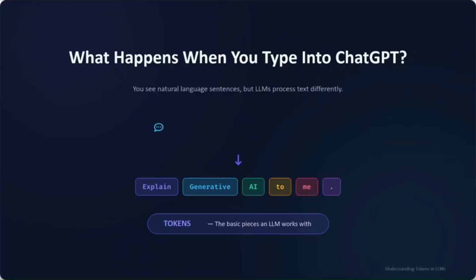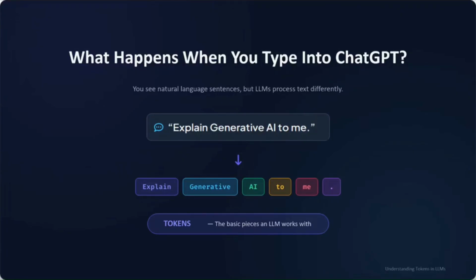Have you ever wondered what exactly happens when you type a question into ChatGPT or Claude or any other LLM? You see a sentence, but the model doesn't process your sentence exactly the way you and I read it. Before the LLM can work with your text, that text is broken down into smaller pieces called tokens.